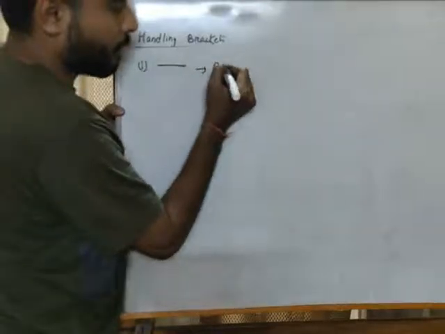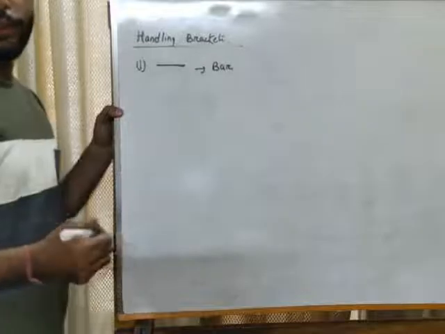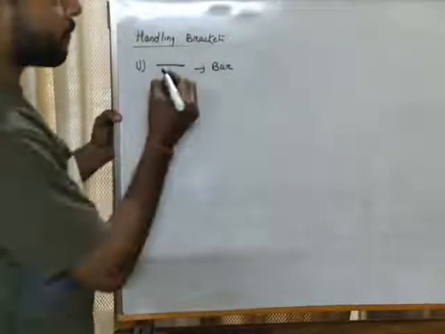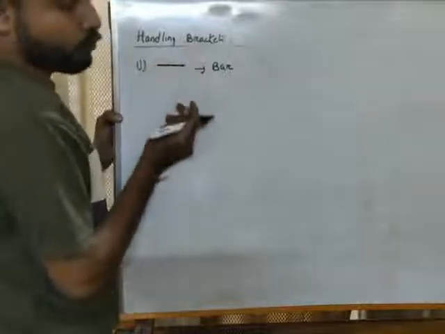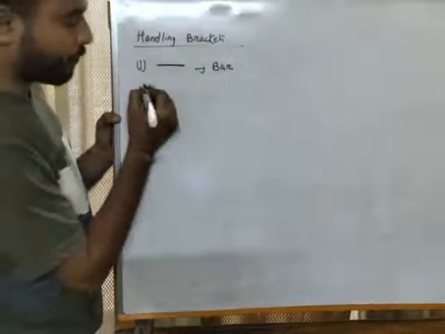It is called bar. Just one more name is there, Vinculum. You don't have to remember that, because it will be critical for you. So just remember it is bar. If you see the bar above any number, you have to work that first.